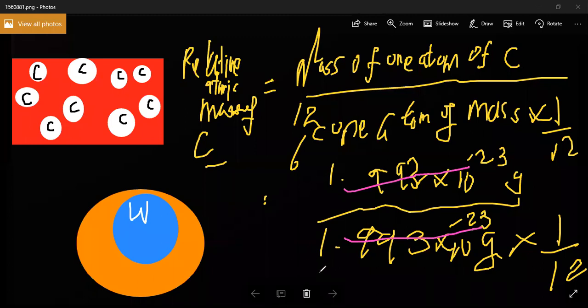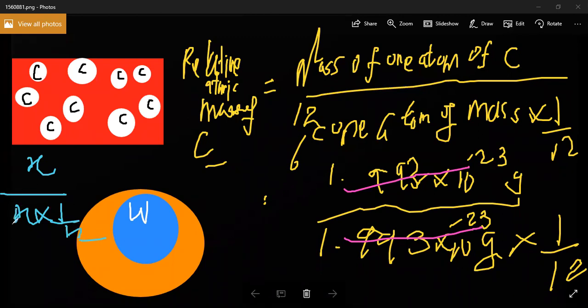Can you cut 1.993 into 10 to the power minus 23 gram over 1.993 into 10 to the power minus 23 gram? Exactly, cut it like this. For example, x over x into 1 over 12.